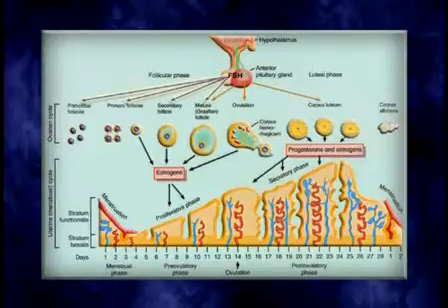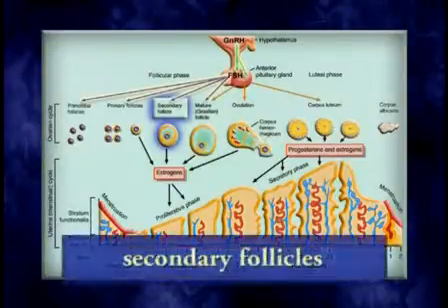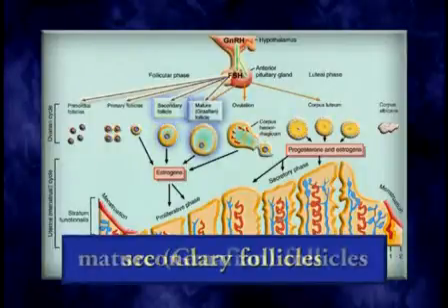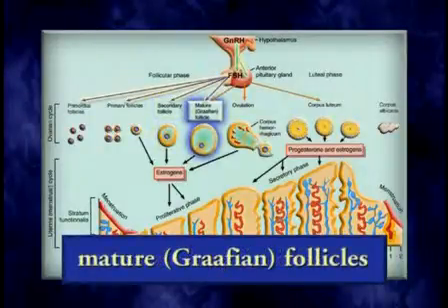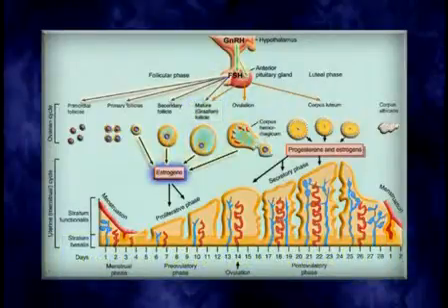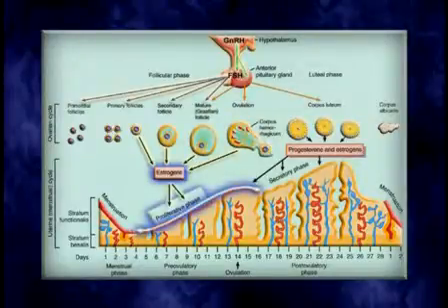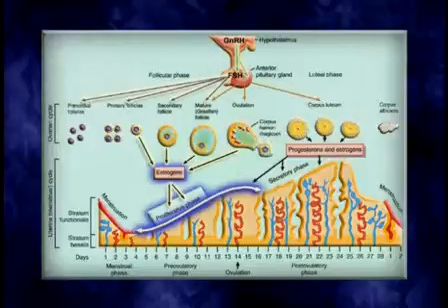We have some releasing hormones that are telling the anterior pituitary what to do, and we start getting the generation of that follicle that you saw, the secondary and the mature Graafian follicle. Meanwhile, the estrogens that are being put into the circulation from down here are helping to build what's called the proliferative phase of the endometrium.